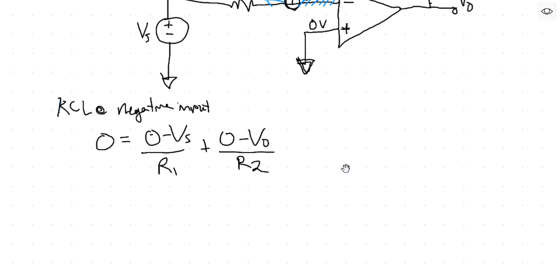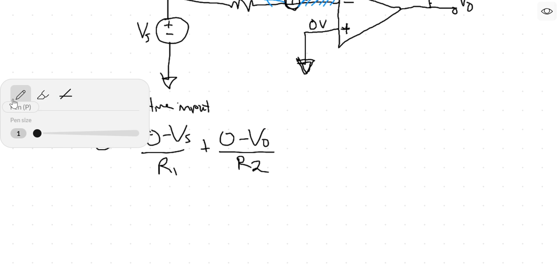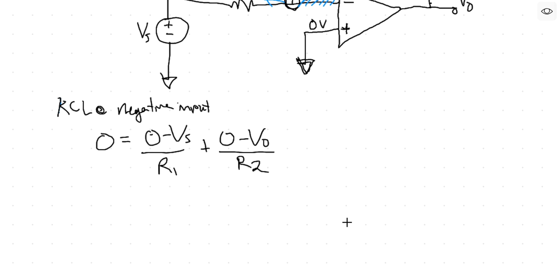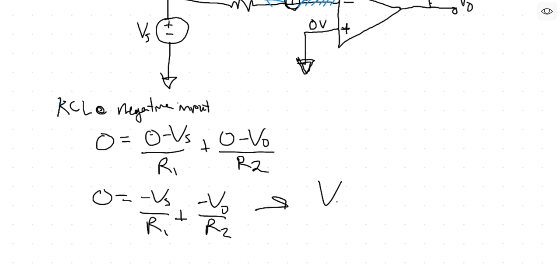So we'll go ahead and do it with you. We got 0 equals negative Vs over R1 plus negative V out over R2. That translates to V out over R2 equals negative Vs over R1.